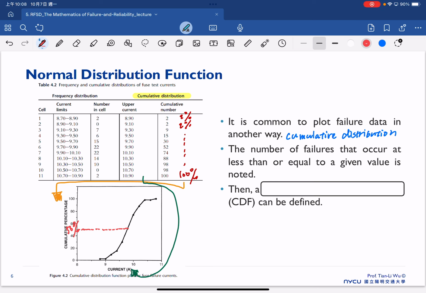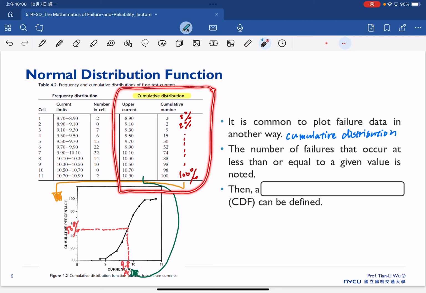And what will be the current for this condition? This is 9.8 amp, in the case around here. So basically, we start to make the plot based on the data here, and then finally we can convert to another form. We are able to estimate the cumulative distribution versus the different stress current.